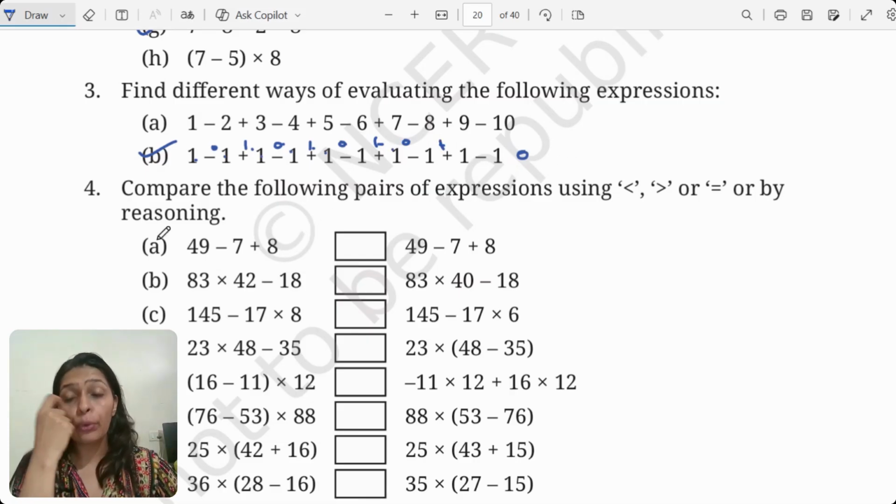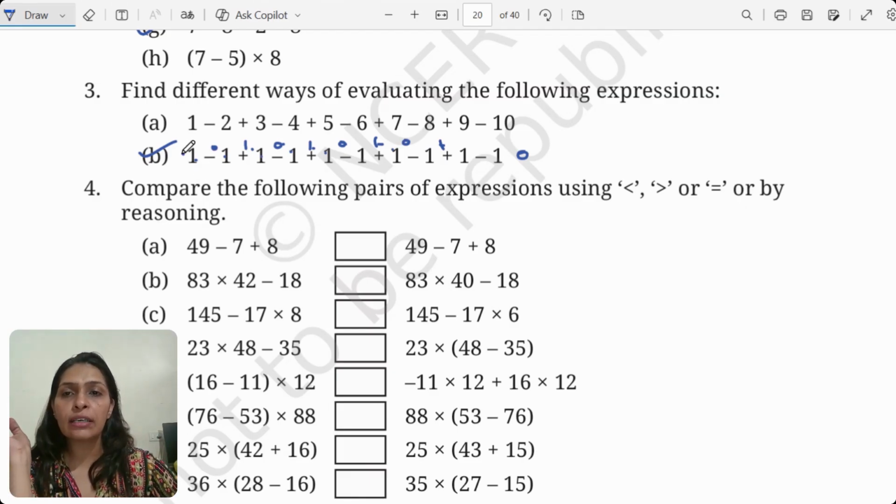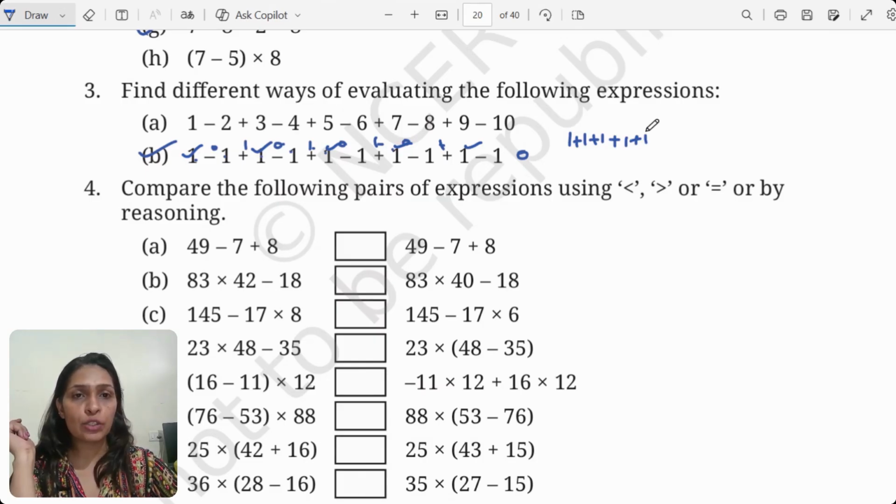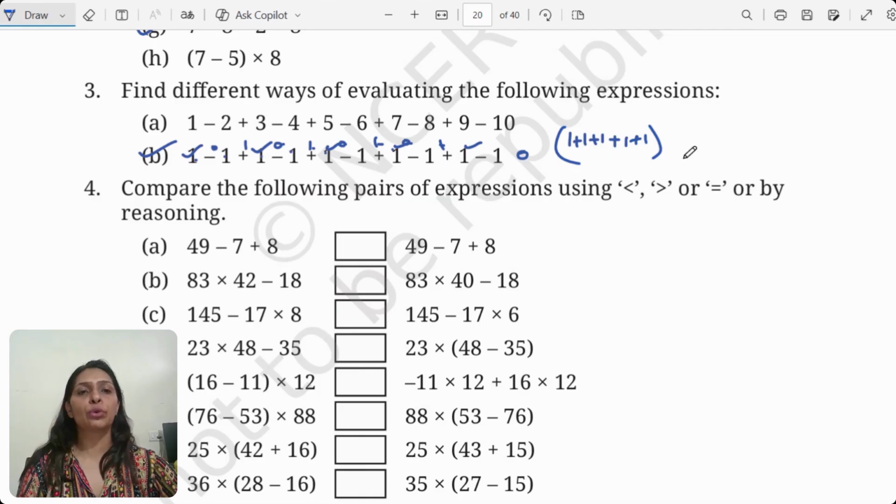Second thing I can do is check all the positive ones. So how many positive ones are there? 1, 2, 3, 4, 5. Okay. So I have 5 plus ones. So I'll put them in a group. Minus. How many are negative ones? 1, 2, 3, 4, 5.